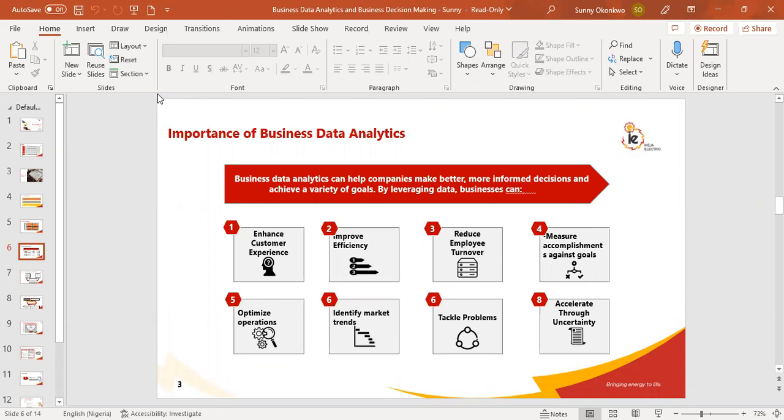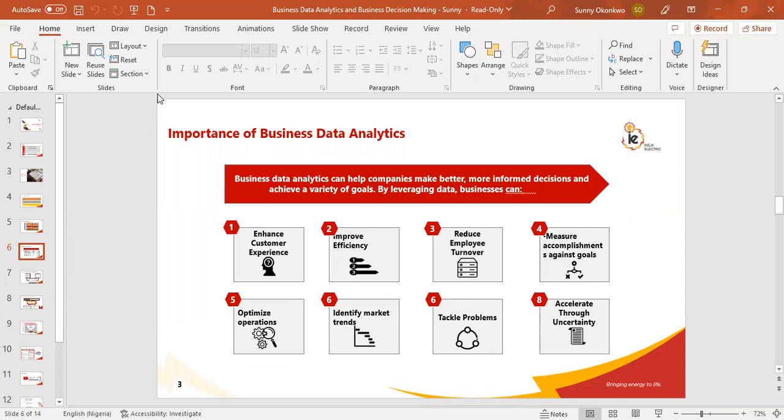So they have different, I'm sure they've taken you on that before, different kinds of data specialists, right? Now, the eighth one is, of course, accelerate through uncertainty. Uncertainty happens, and as a data person, you should be able to provide alternatives and even predict.